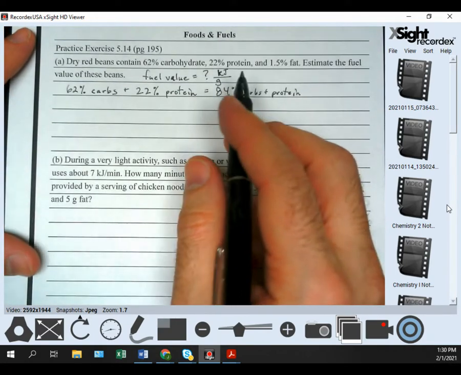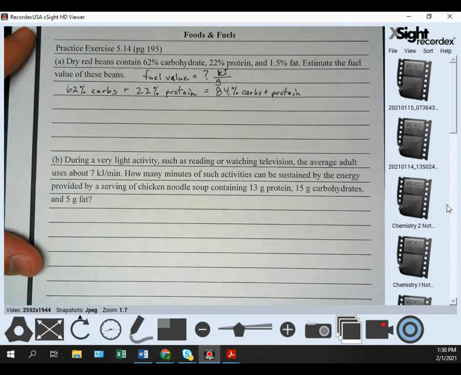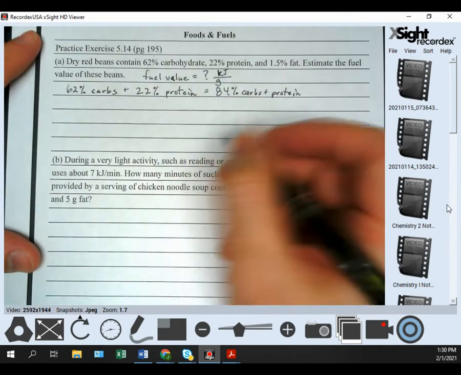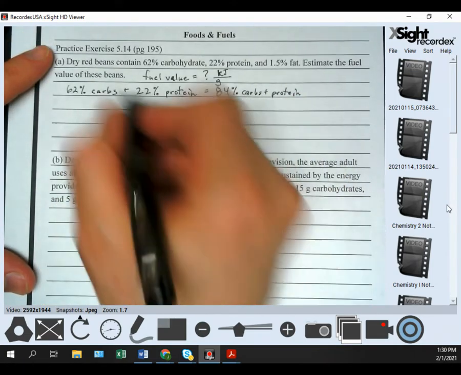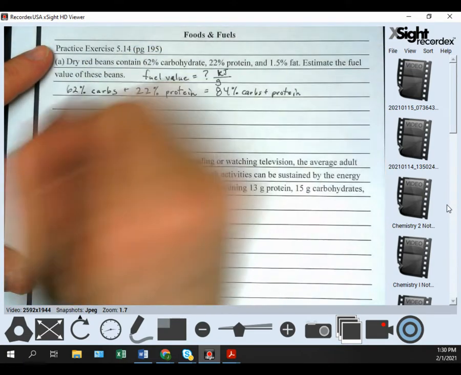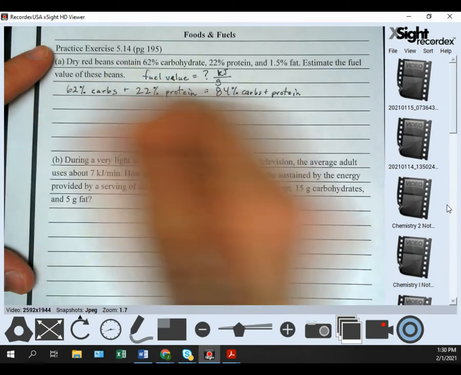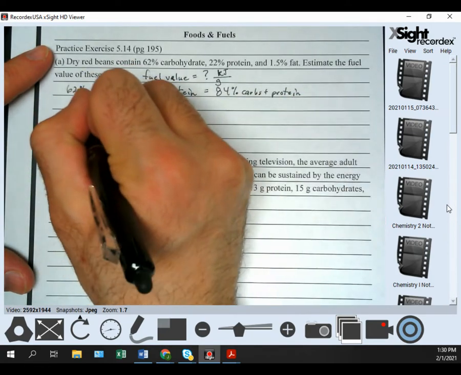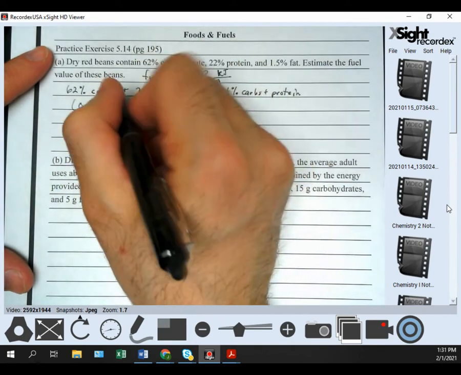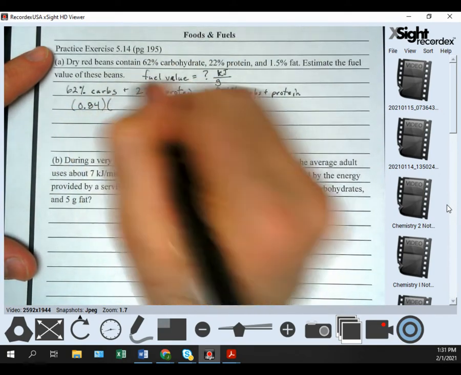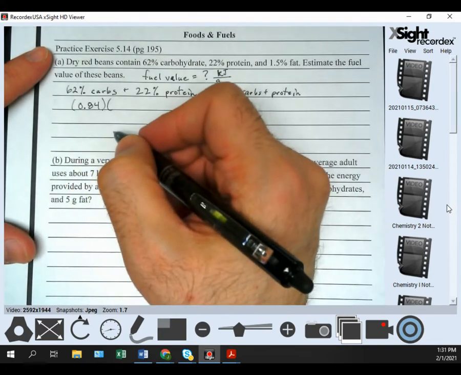So what we need to figure out is how much we have of this. If you think about this, 84%, turn that into a decimal. So 0.84. You take the percent as a decimal times the fuel value.